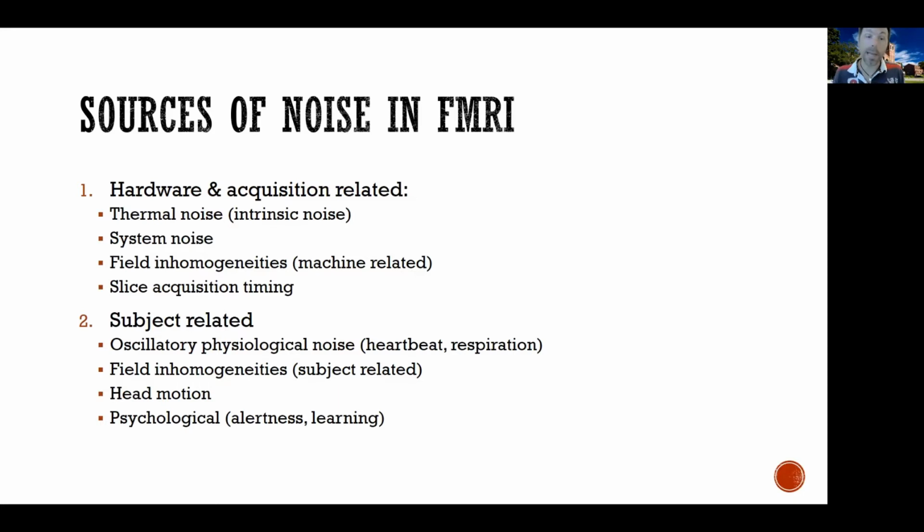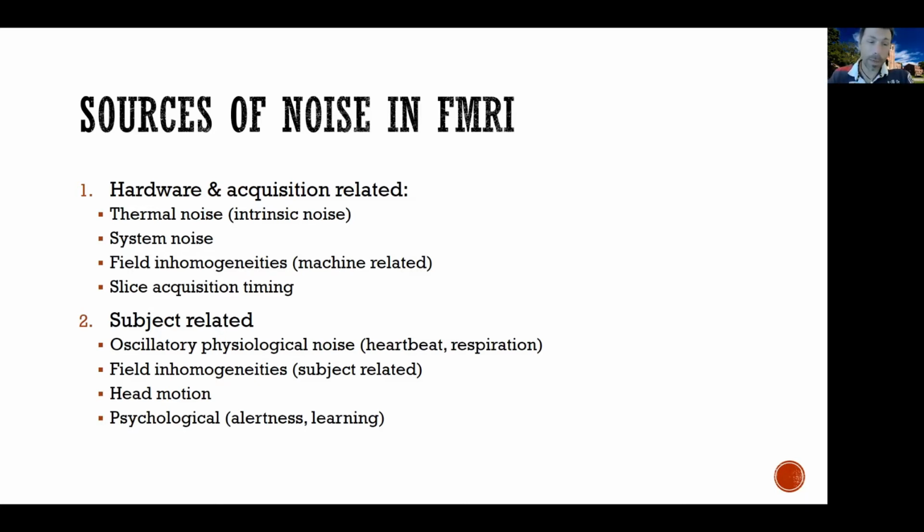Then, and perhaps the biggest culprit of problems in BOLD fMRI data, head motion. It's very hard to stay perfectly still for, let's say, 5–10 minutes. So participants will move, and that will create a lot of problems, which we will discuss a few slides down.